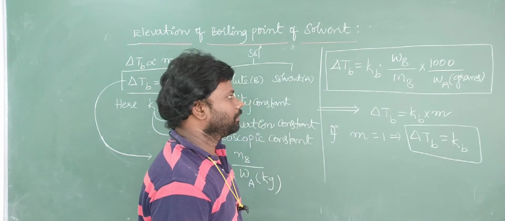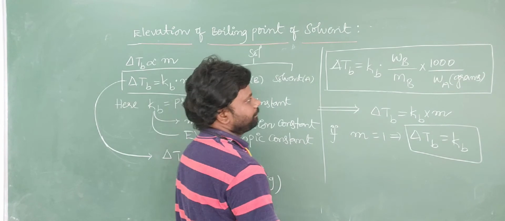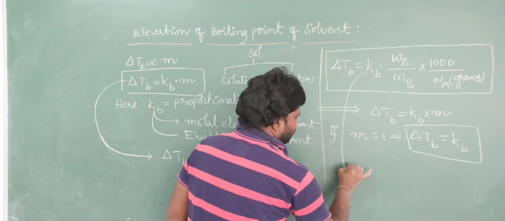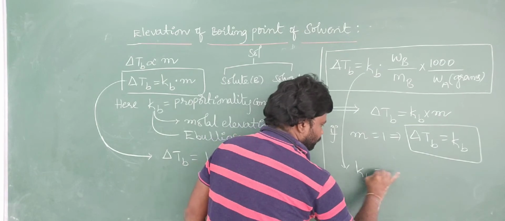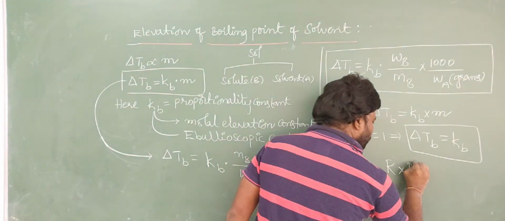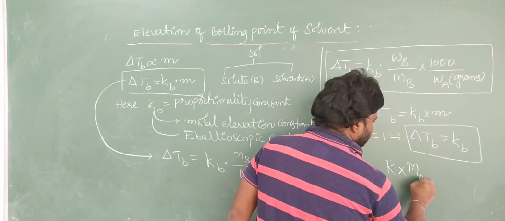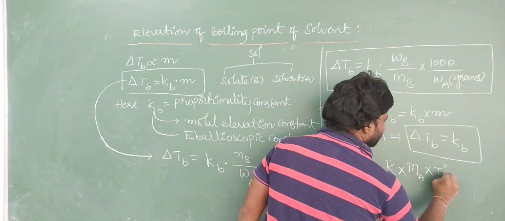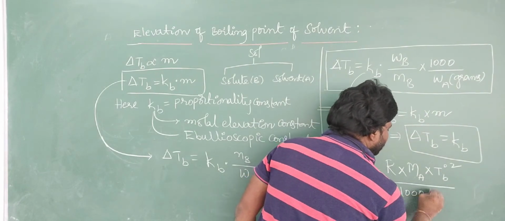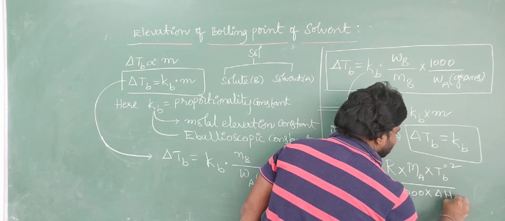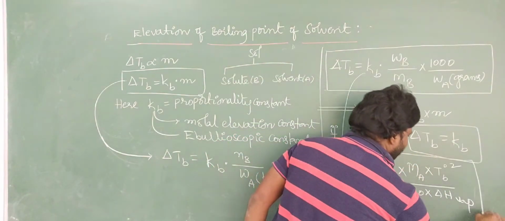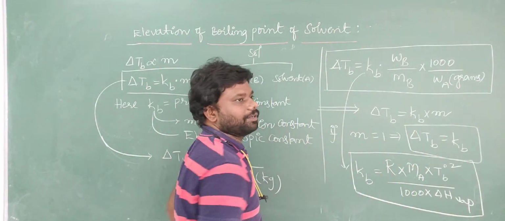Now look here, Kb is equal to R into molar mass of solvent into T naught B square by 1000 into delta H evaporation. This is the formula for Kb.